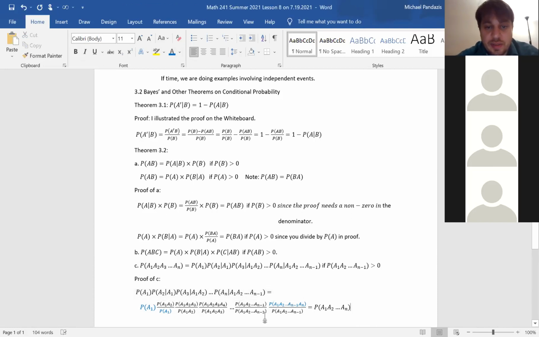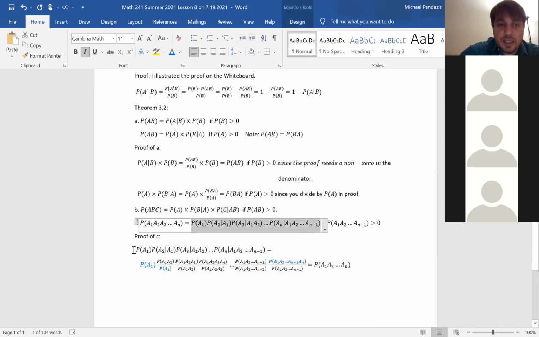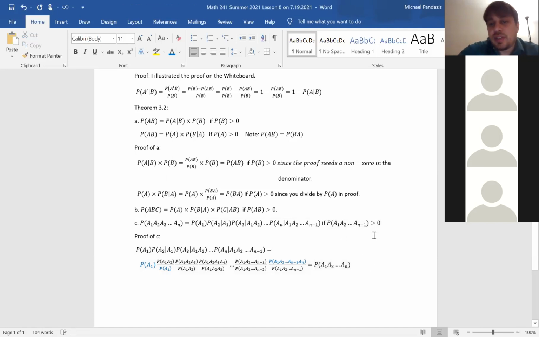And that's what C says. It says the probability of that is equal to this product, is equal to this product, right? So what we show is that this thing is equal to this, and that's if P of the intersection of these events is positive.